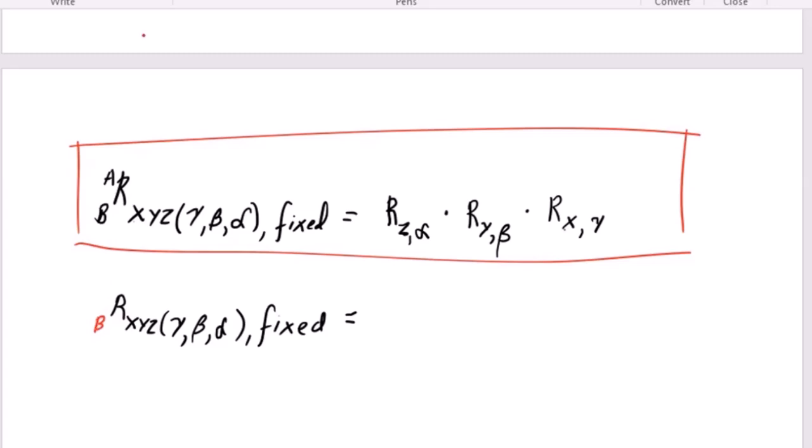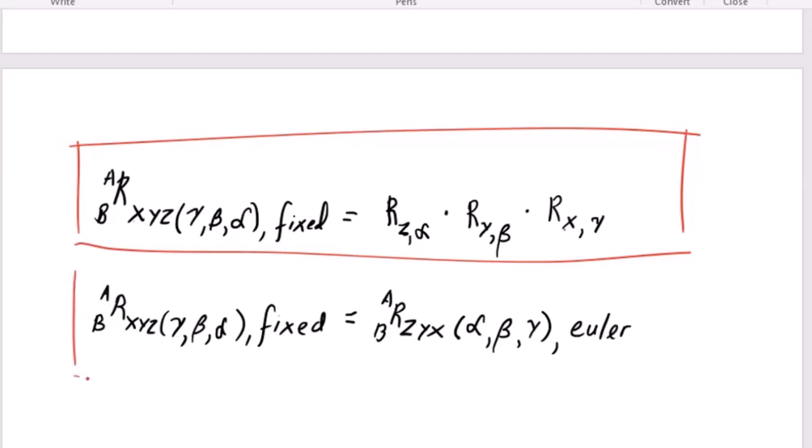B to A, this is B to A. You will notice that this one equals R, Z, Y, X, B to A, alpha, beta, gamma, Euler.